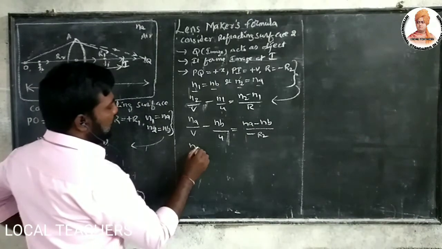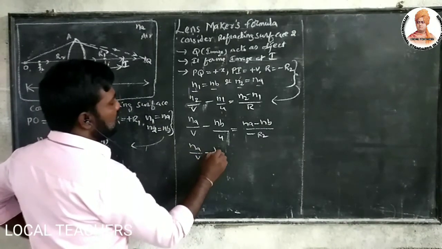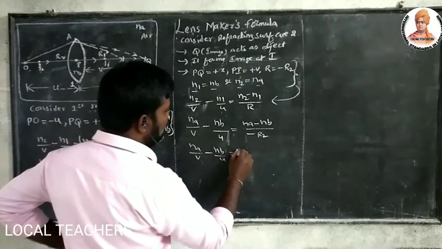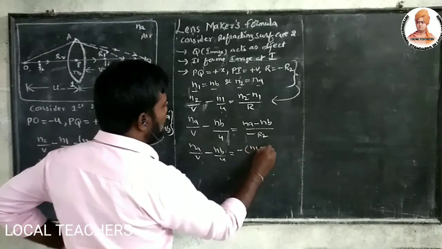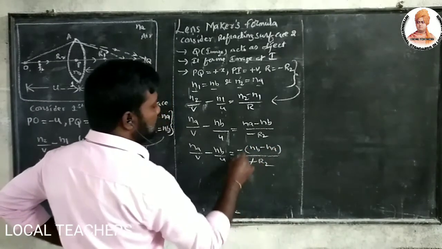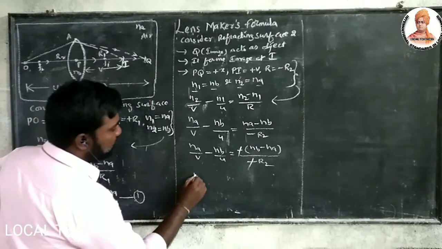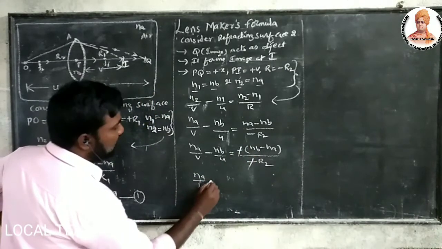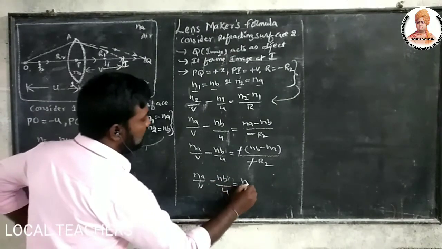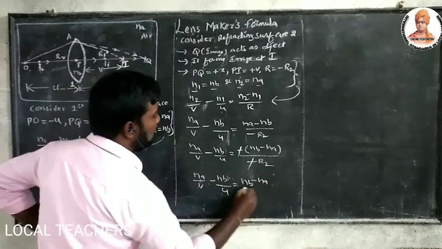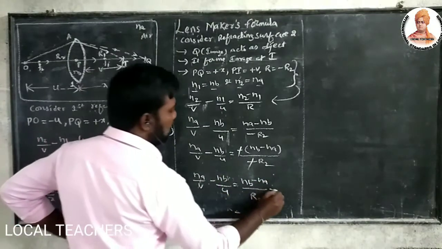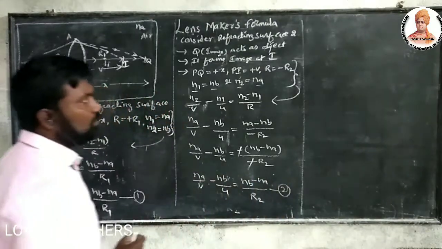So here we can write NA by V minus NB by U. Take minus common in the numerator, we can write NB minus NA by minus R2. Minus minus gets cancelled. So finally we can write NA by V minus NB by U equals NB minus NA by R2. Okay, so this is equation 2.